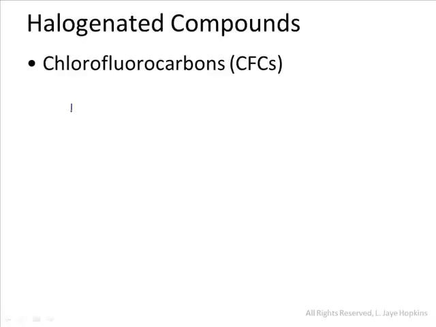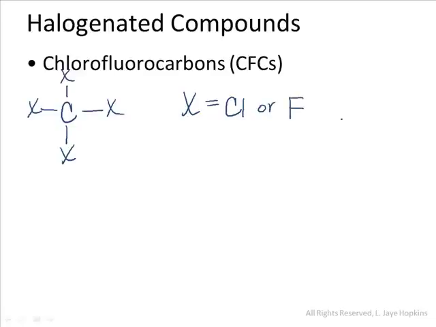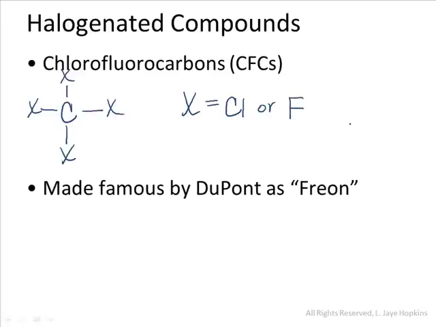One of the most famous CFCs for this application is actually based on the relatively simple molecule methane. We know that methane consists of carbon connected to 4 hydrogen atoms. Well, if you replace the hydrogens with either chlorine or fluorine atoms, you have one of the most famous CFCs, which is freon. Depending on exactly how many chlorines and exactly how many fluorines, you have specific types of freon.